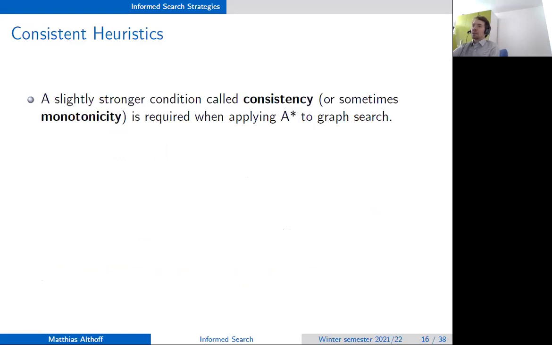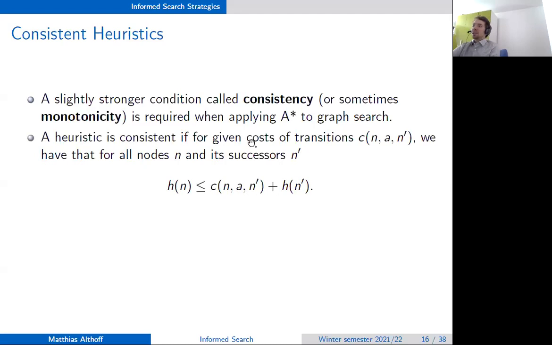For graph search implementations, we need a small modification. There we need consistent heuristics. What does it mean? Given the cost of a transition from n to n prime given action A, for all the nodes n and its successor n prime, it holds that the heuristic cost at n has to be less than or equal to the cost to go from n to n prime plus the remaining costs at the node n prime.